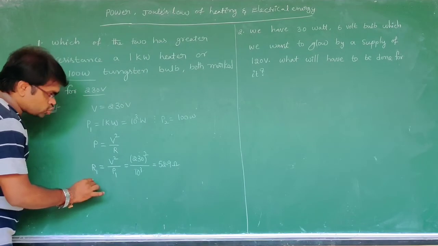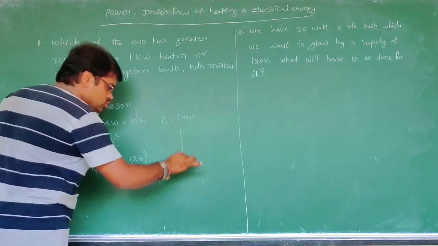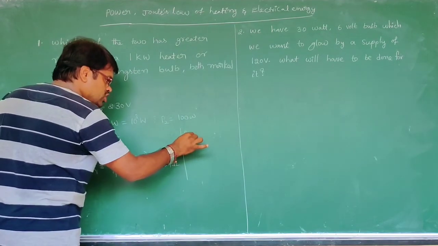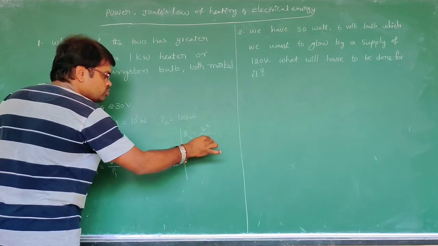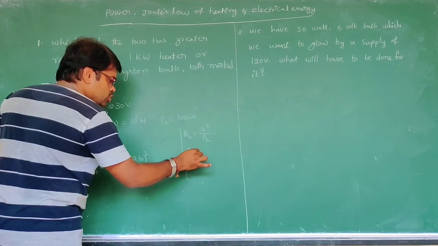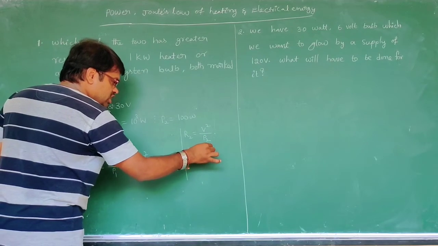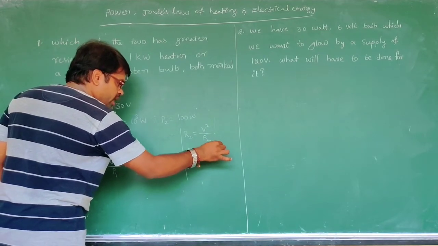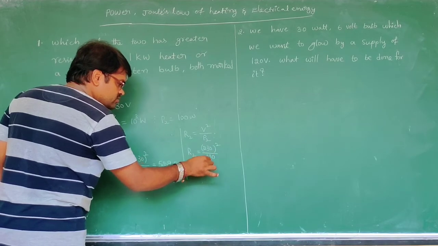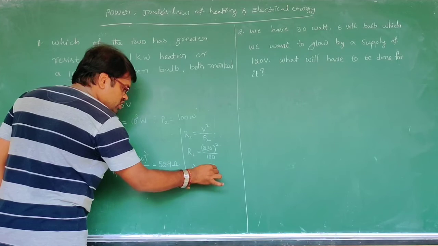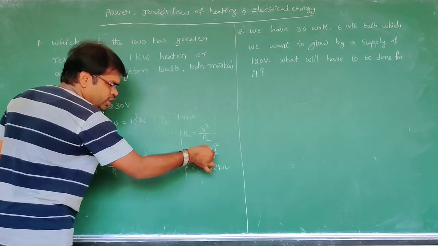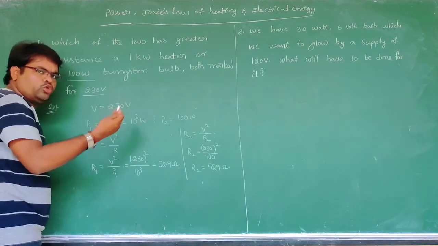Then we find R2. Same way, R2 is equal to V square by P2. That is R2 is equal to 230 whole square by 100. Then R2 is equal to 529 ohm, calculating 230 into 230.